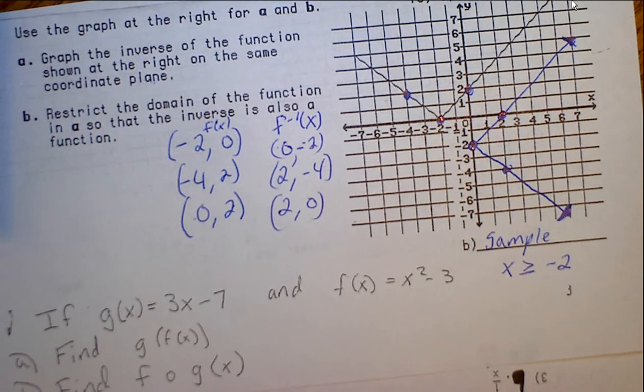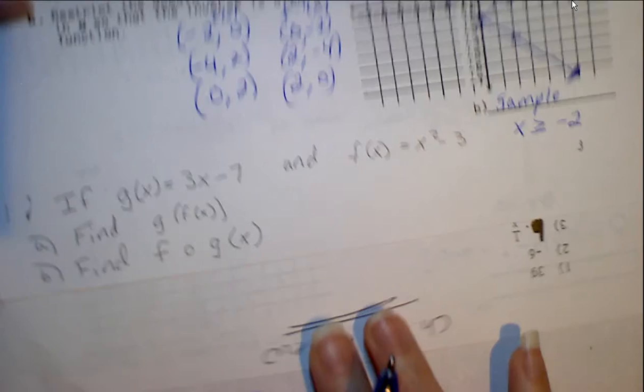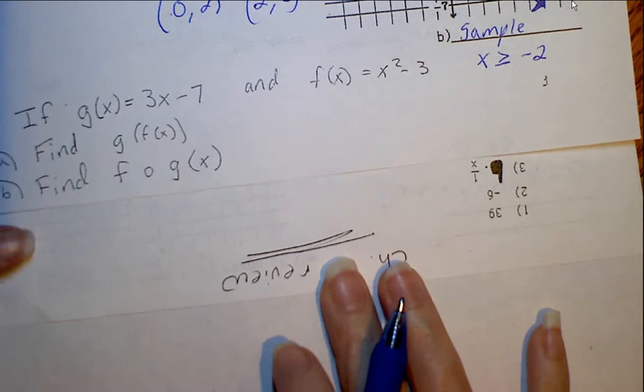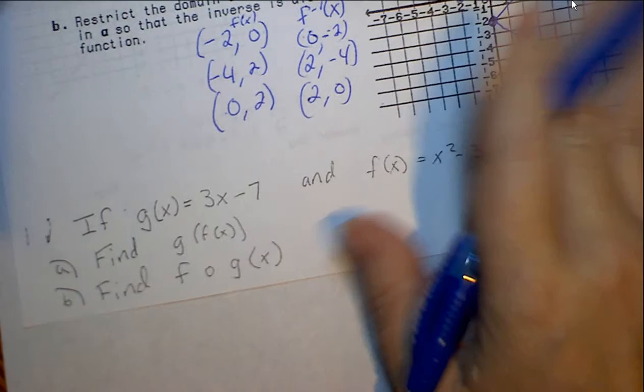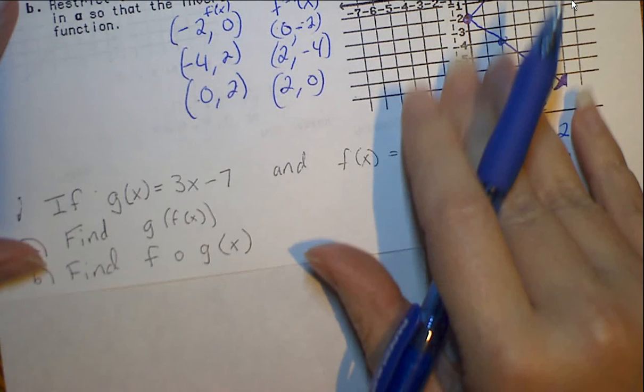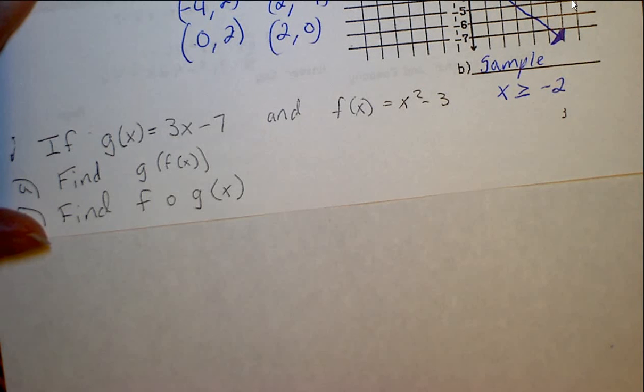Alright, last problem, 17. Seventeen says to find g of f of x.